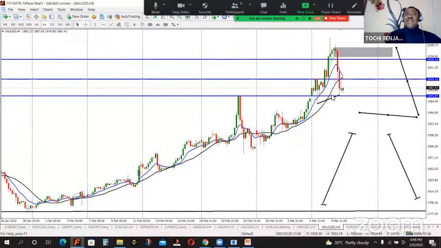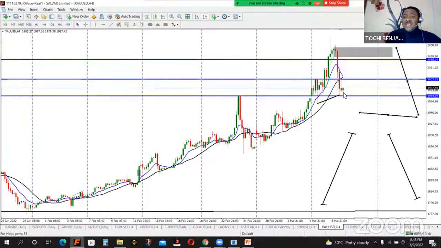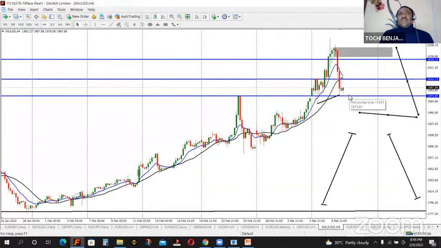So somebody that has used one standard lot, only this thing that we're talking about now has gotten $300 from gold. Imagine the powerful effect of equity. Even if you use 0.01, this market would have given you $3. As we're speaking now, the market would have blessed you with $3. Like we tell people, trading is not difficult.